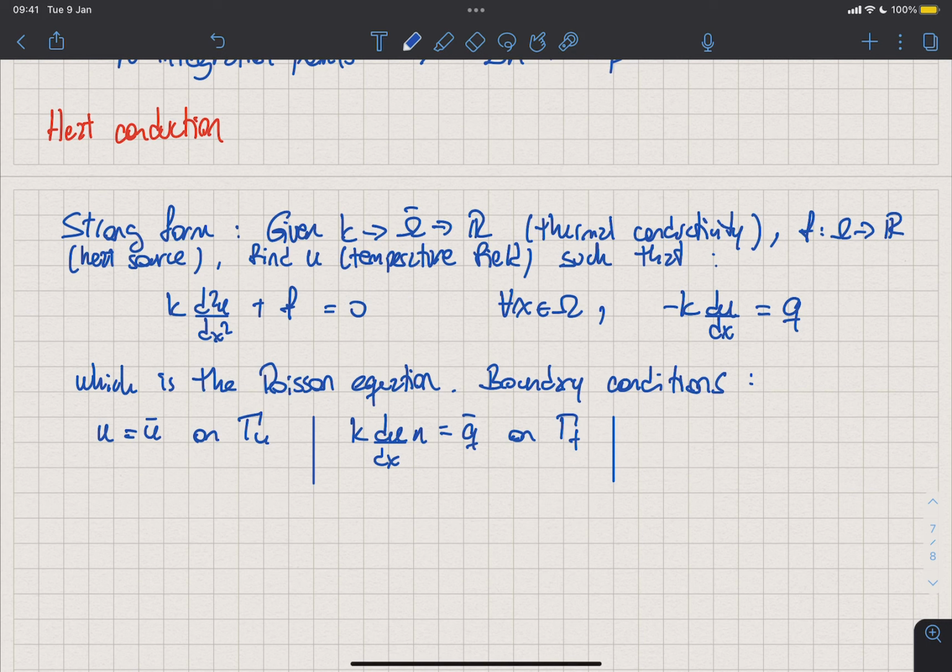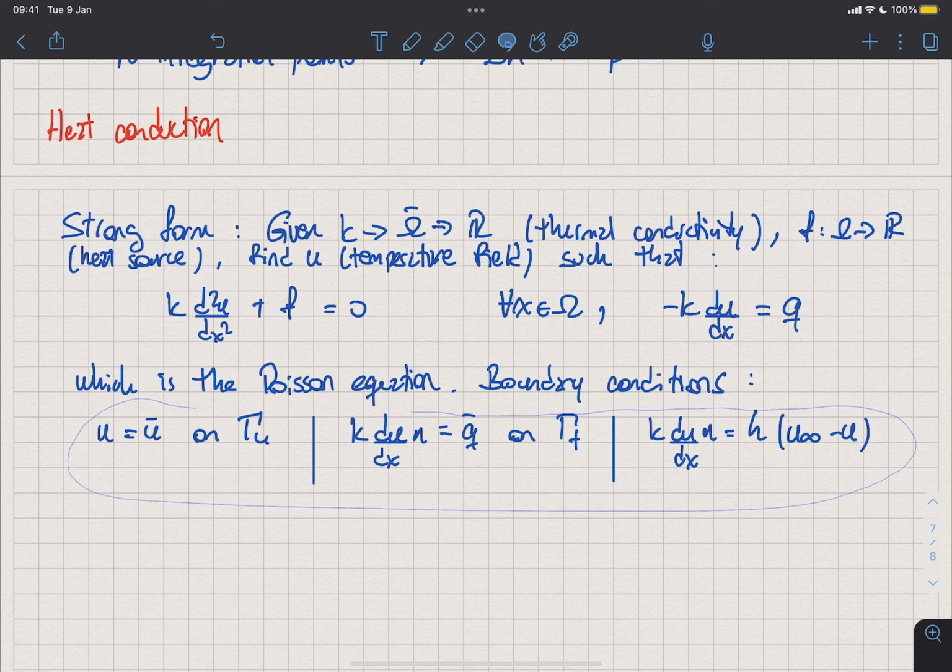And then you can have a mixed type of boundary condition, K du dx, N is equal to H. And I'm going to change the notation that I use here compared to elasticity. I ran out of space, so I'm going to move this.